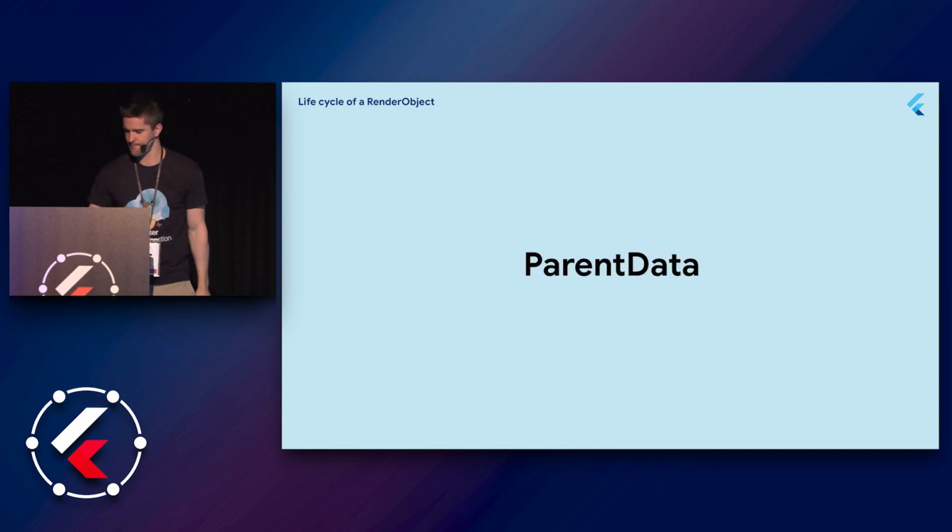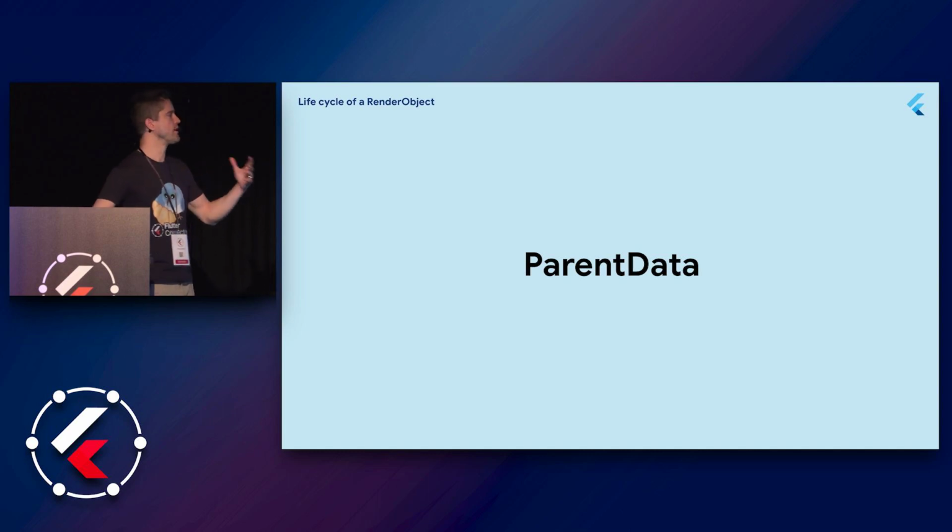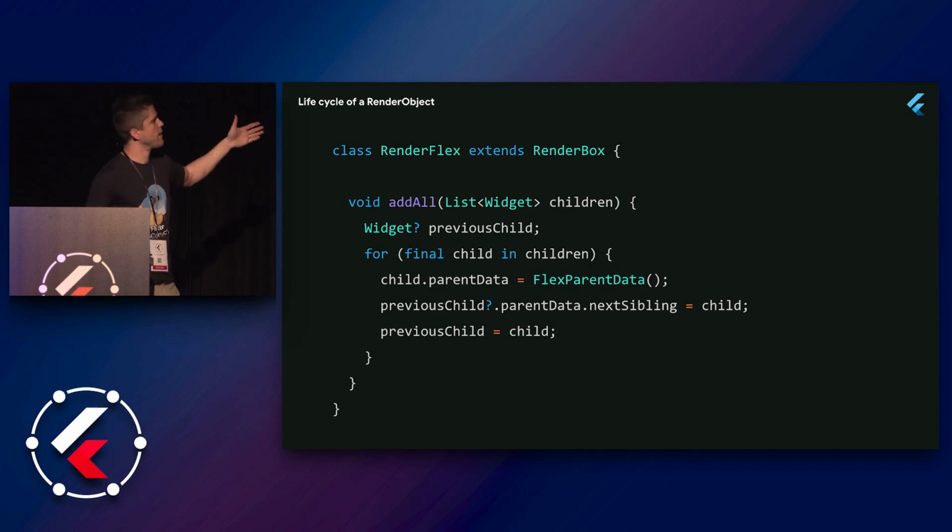All right, and that concludes the life cycle of a render object, but it is not close to concluding this talk. So another thing to be aware of about render objects is this concept called parent data. And it's an object that lives on a render object itself, but it's set and typically only read by the parent. So it's almost like a place for the parent to keep notes about their children render objects. And here's a quick example of the render flex render object.